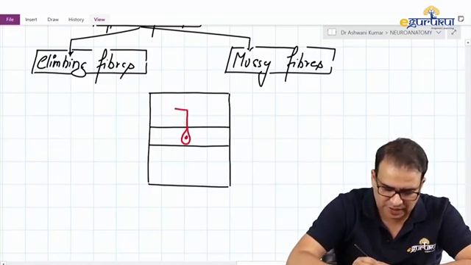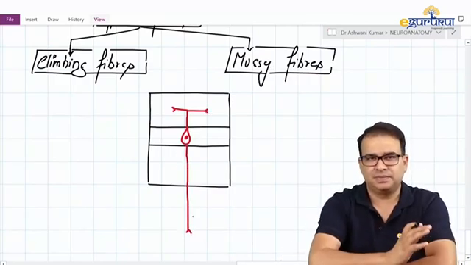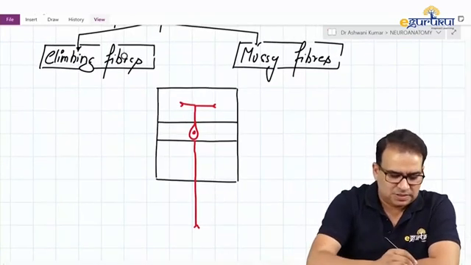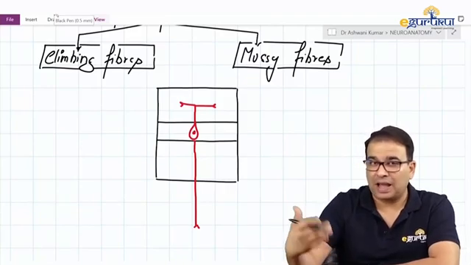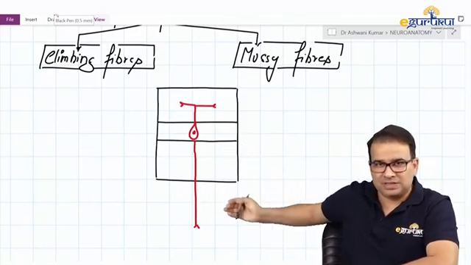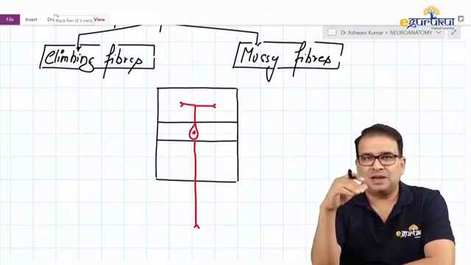There goes the dendrite in the layer above, and here comes the axon going all the way out of the cortex, right? Now we said two types of ascending or afferent fibers. So afferent fiber obviously will come from the white matter into gray matter. Now number one type that we said, climbing fibers.